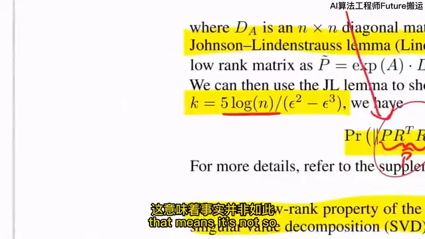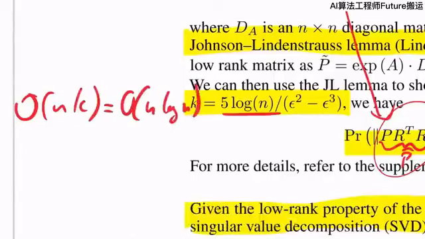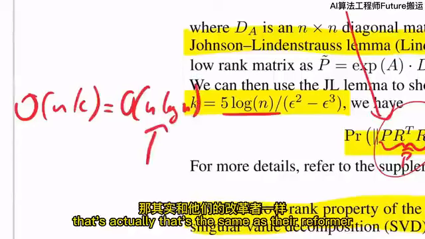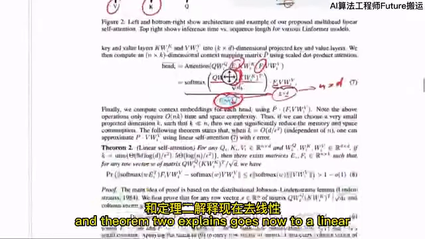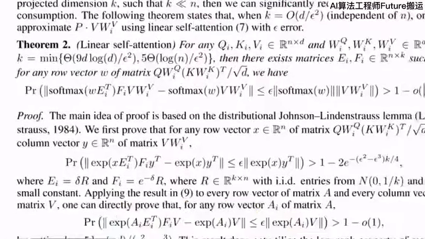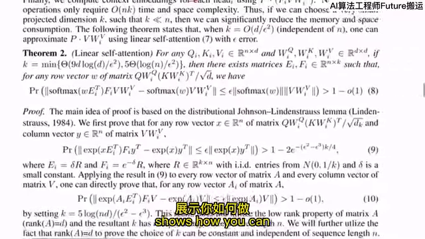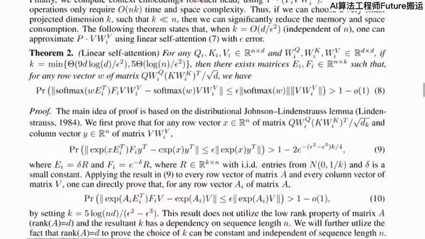That means O of nk is equal to O of n log n. Now that's not linear. That's the same as the Reformer, but they want to get to a linear place. And theorem 2 now shows how you can make self-attention linear.